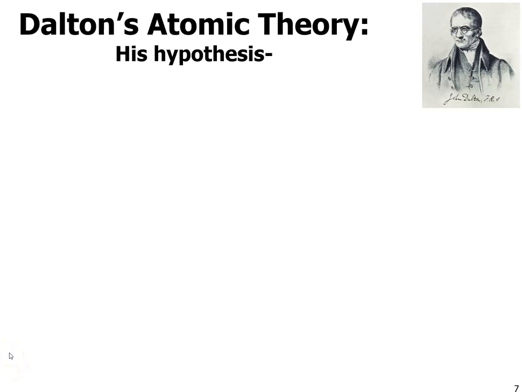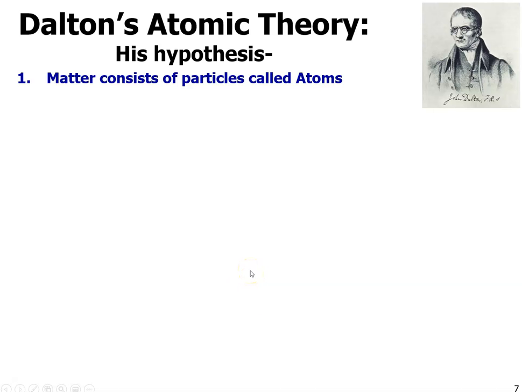So John Dalton was an English scientist, and he worked around in the late 1700s, early 1800s, thinking about matter. And these were his hypotheses. We'll see in the future which were and were not correct, or maybe you already know. But one of the things that he determined was that all matter consists of different particles called atoms.